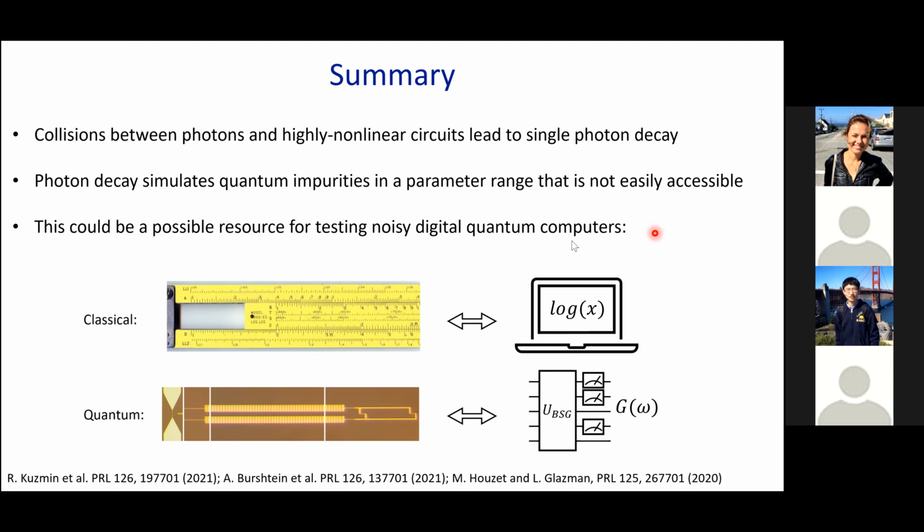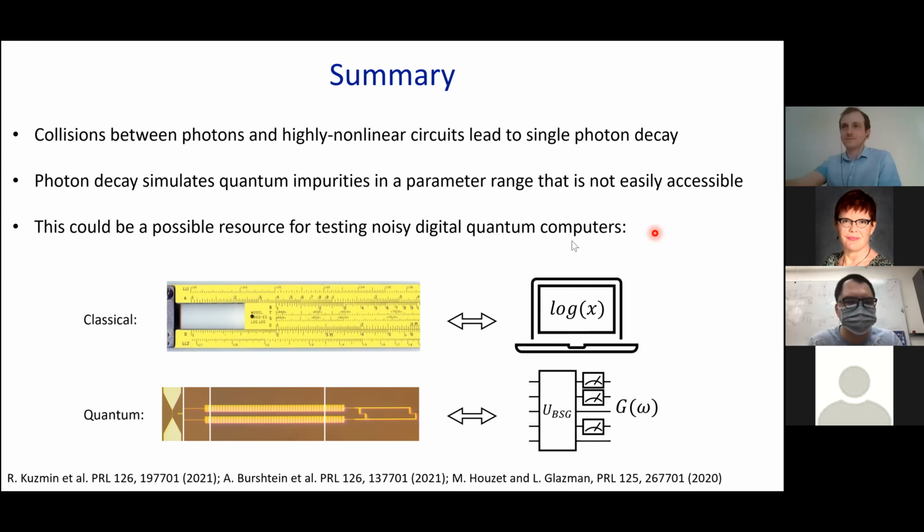I have a question. So on this last point, have you thought about what kind of algorithms can be used to simulate this quantum impurity, like some related algorithms on a universal gate-based quantum computer? Yeah, I know that there are proposals for how to simulate quantum impurity models on universal digital quantum computers.